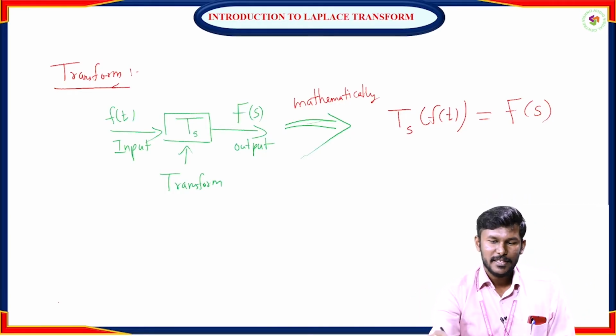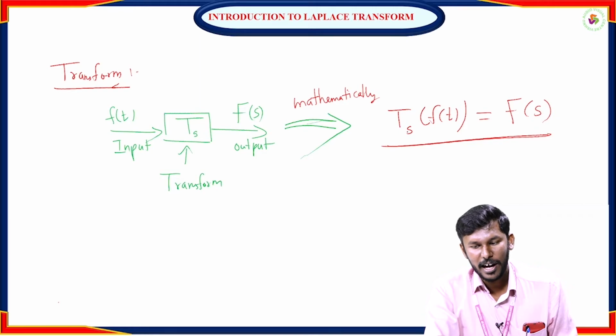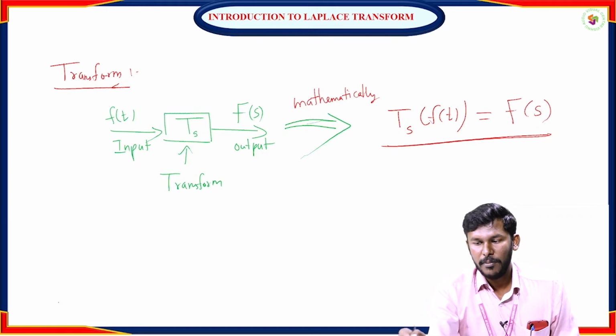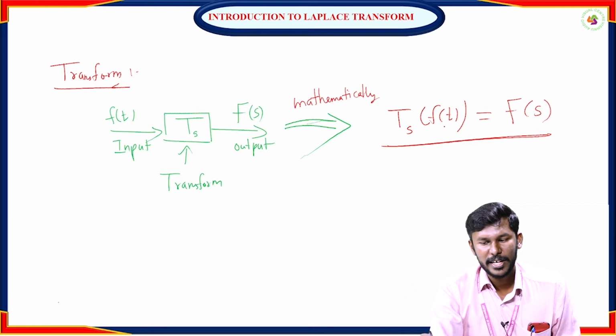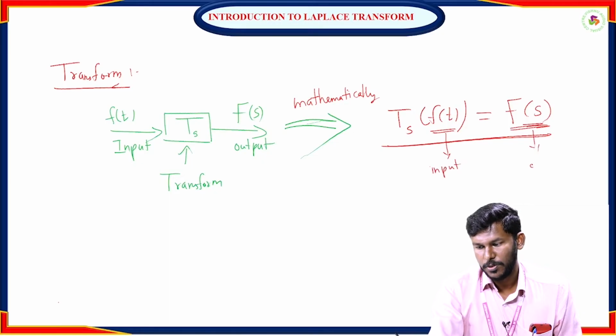After applying the transformation, my output will be F of s. This is my input and this is my output.